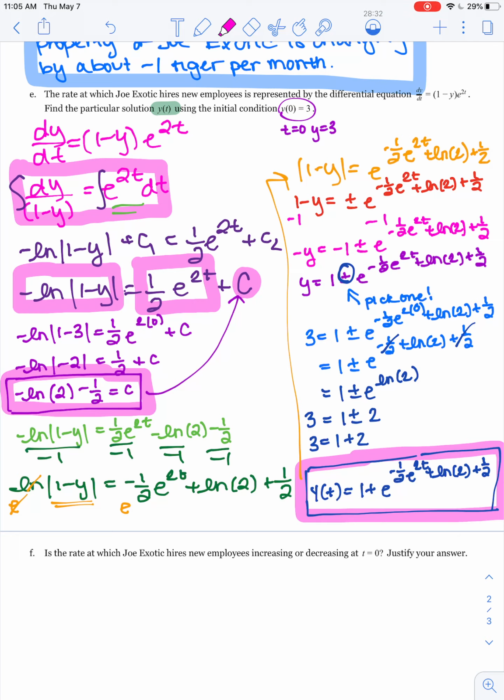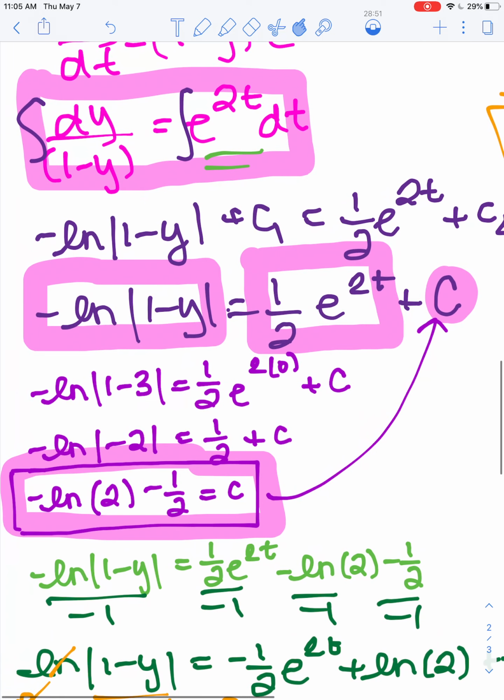Okay, so what I want you guys to notice here is that you can get 5 out of 6 without having to do all of this crazy work, right? If you're pushing for that 5 on the AP exam, you definitely want to make sure that you can handle this. But I want those of you who maybe struggled with this to be aware that you can get a significant chunk of the points here by only finding your C value, right?